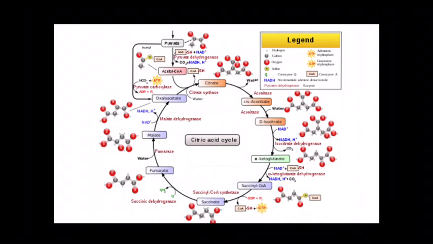We see another NADH molecule being produced. The next step, there's another NADH molecule being produced, and so on. This continues around, and if we go all the way up on the left, close to where we started, there's another NADH molecule being produced.